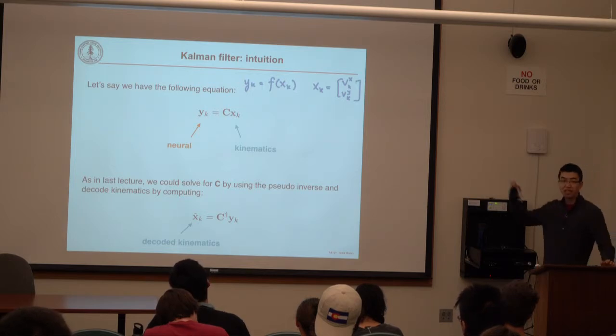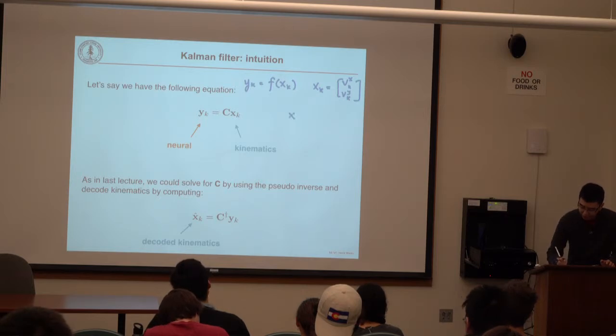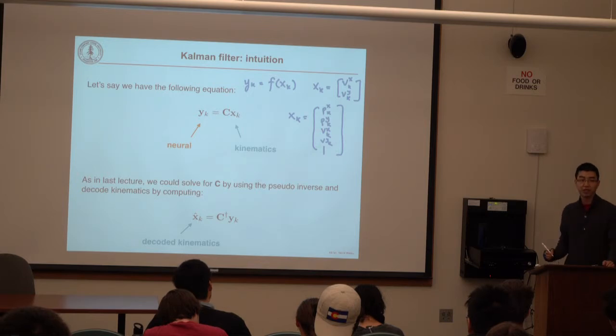But then for the rest of this Kalman filter lecture, our kinematics are now going to be the position of the cursor at time k, the velocity of the cursor at time k in both dimensions, and our constant one term.